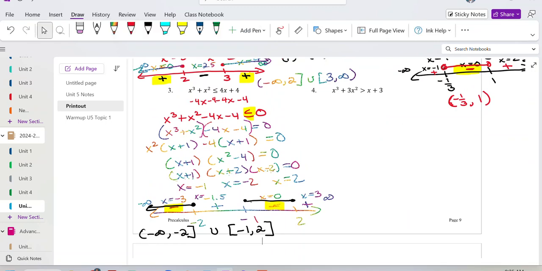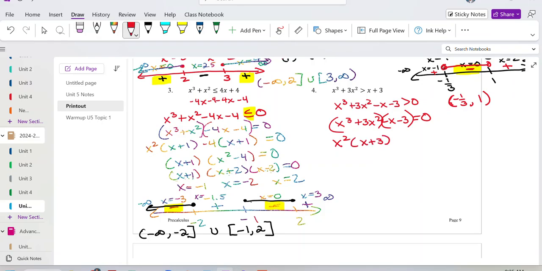Same kind of deal. We move everything over, so we get x to the third plus 3x squared minus x minus 3 is greater than 0. So now we're going to group to find the numbers that make it equal to 0. And then when you take out the negative 1 here, you get x plus 3.